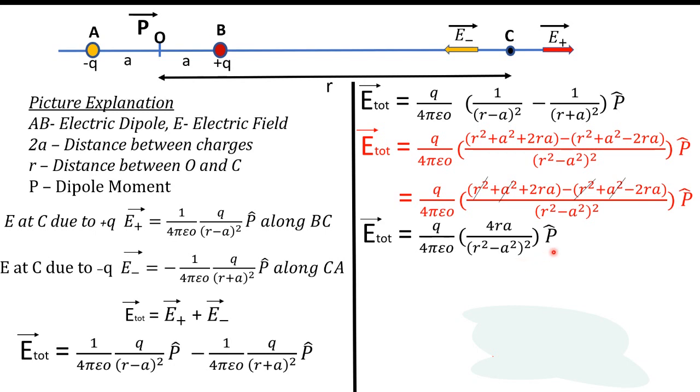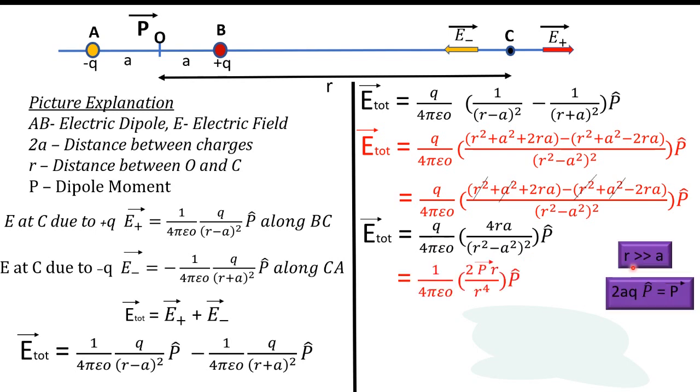When r is very much greater than a, that is, the distance of observation of electric field is very much greater than the distance between the charges, we say that r is very much greater than a. We know that the distance between the charges may be in some nanometers, right? 10 power minus 9.